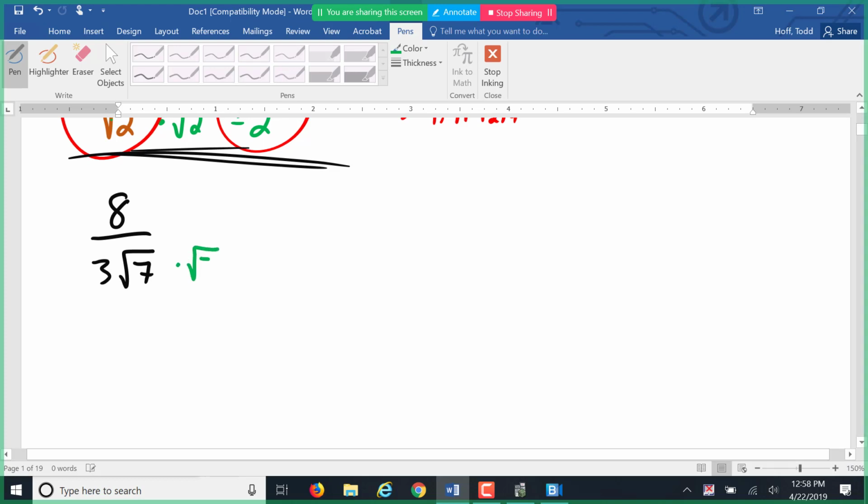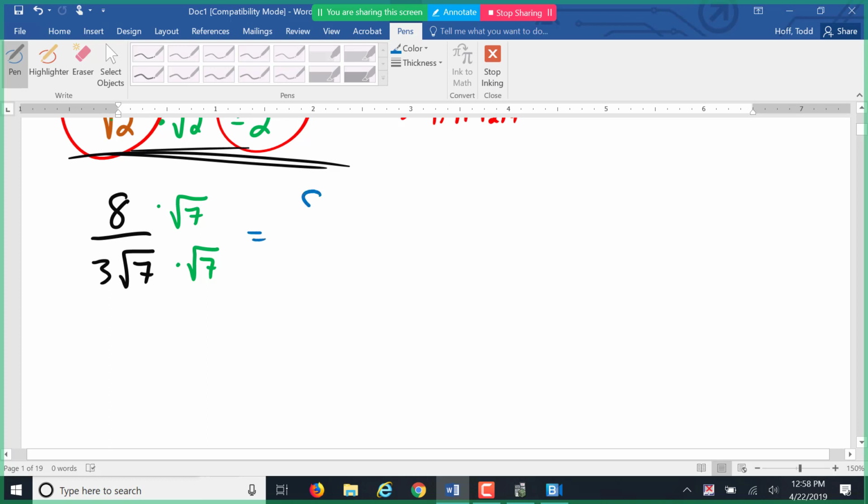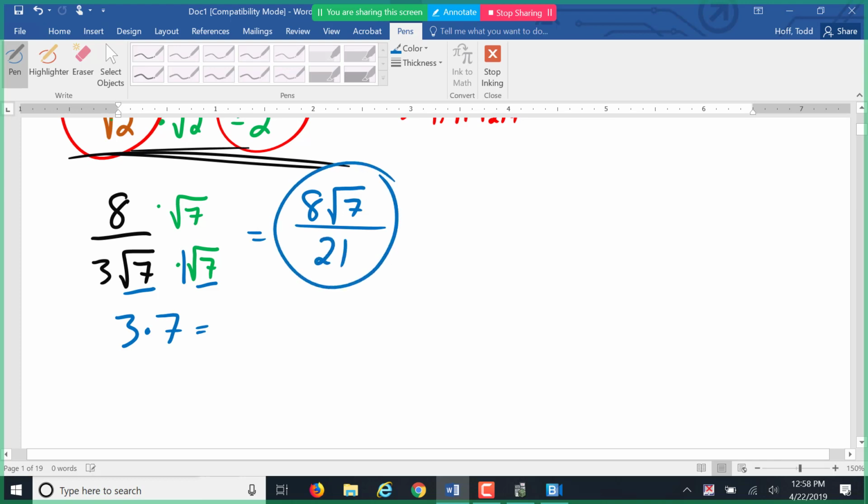So if I multiply by the square root of 7 on top and bottom, 8 times the square root of 7 is 8 times the square root of 7. 3 times the square root of 7 times the square root of 7. Well, the 3, think of this as 1 square root of 7. That's 3 times 1 is 3. Square root of 7 times the square root of 7 is 7. 3 times 7 is just 21. So that becomes 8 times the square root of 7 over 21.